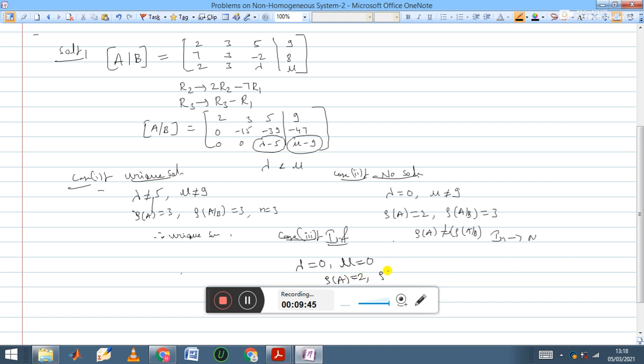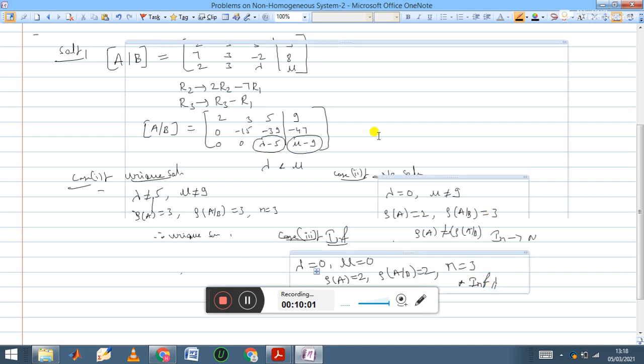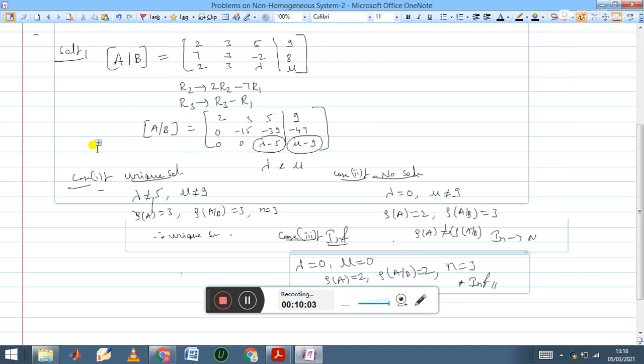If mu is also 9, then the rank of augmented matrix AB is also 2, but the number of unknowns is 3. In this case it is giving infinite number of solutions. So this is the procedure. In place of lambda and mu, maybe they give different notations like A B or X Y or P Q, whatever it may be. For what values of the given constants the system is giving unique solution, no solution, infinite number of solutions, you need to discuss in detail.